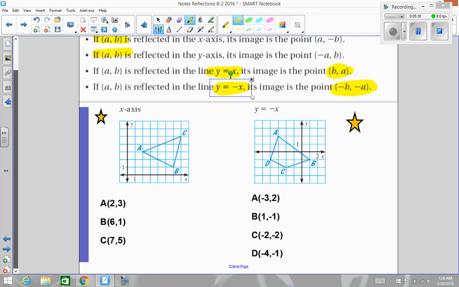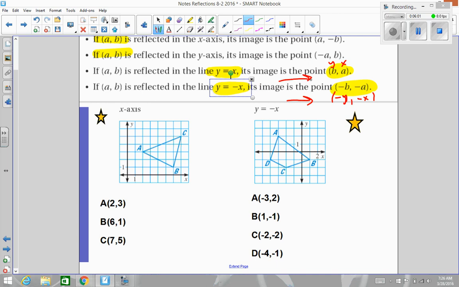Okay, so a little practice here. You could do the x-axis one. All right, and I'm going to work on this other one over here. So if we go here and y = -x, that means each one changes to, now I know that's (b, a), so think of that as like (y, x), and this is (-y, -x). So (x, y) changes to (-y, -x).